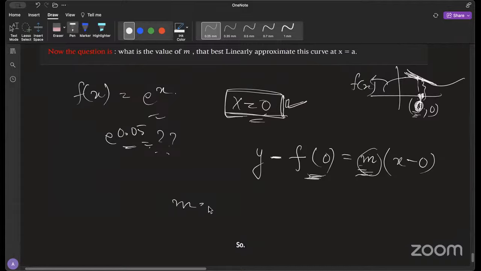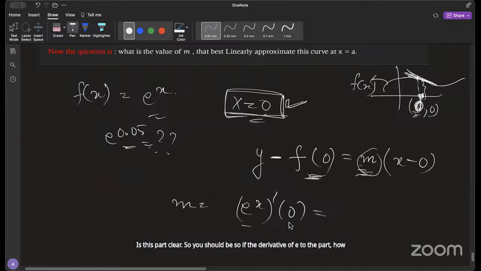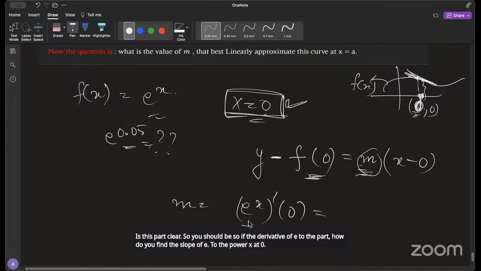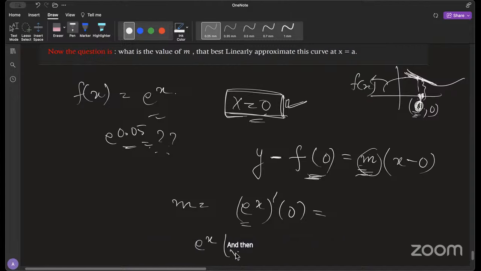So m should be equal to the slope of e to the power x at 0, right? Is this part clear? Yes, sir. So how do you find the slope of e to the power x at 0? You take the derivative of e to the power x, which is e to the power x only. And then you find its value at x equals 0. So this is e to the power 0, right?